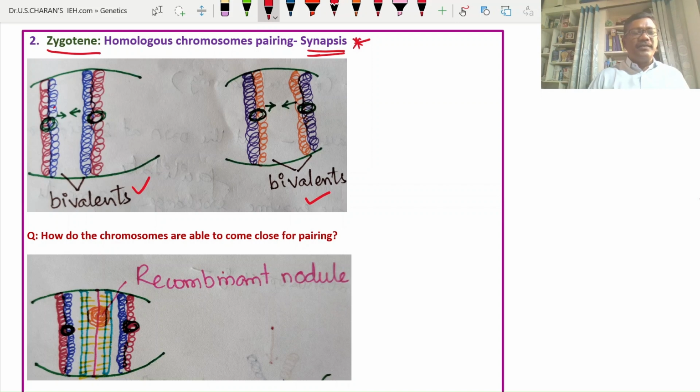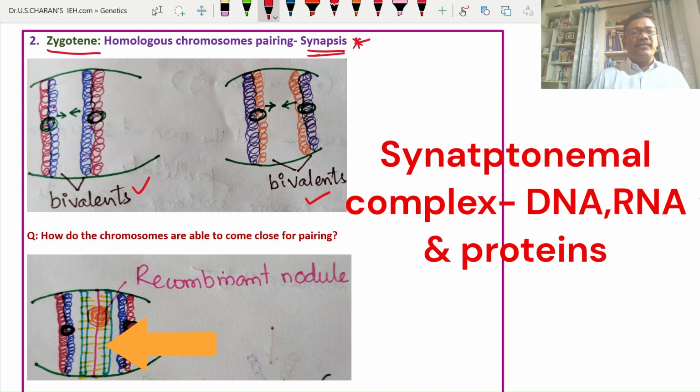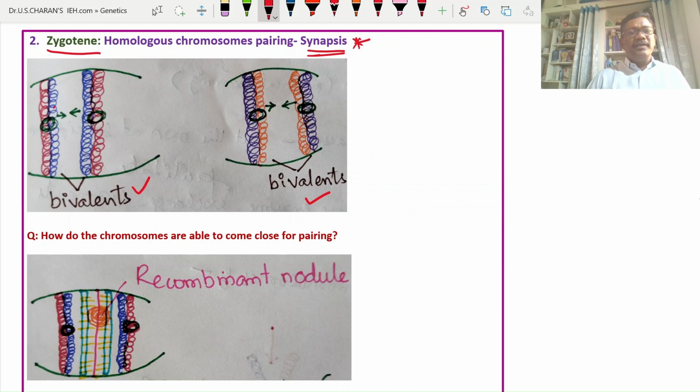One important structure forms in between these bivalents, that is the synaptonemal complex. It is made up of structural proteins, enzymatic proteins, DNA and RNA molecules. The combination of these four makes the synaptonemal complex.